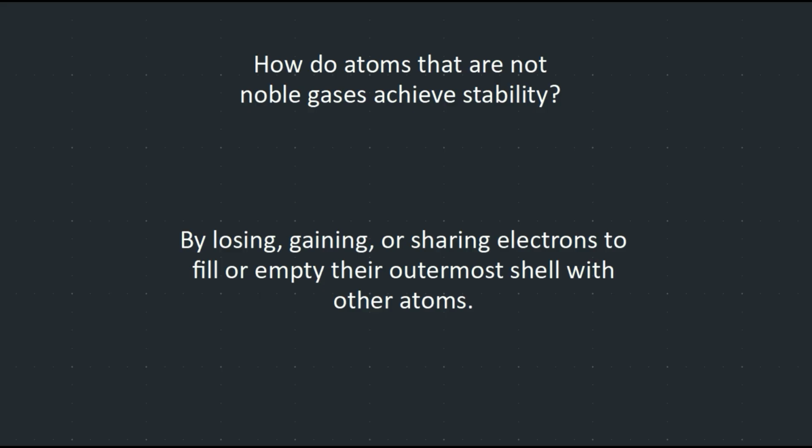Thus, filling up the outermost shell or emptying it and becoming stable. See, the number of electrons is what makes it unstable, basically. Either they give it off or they take in, so that they become that noble gas configuration. Right? That version of stability.